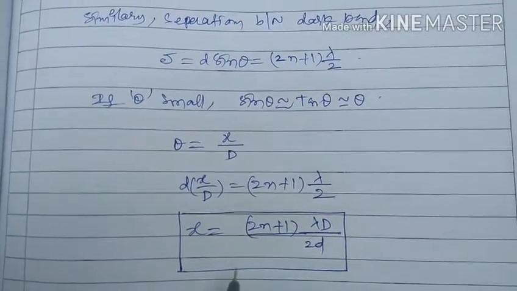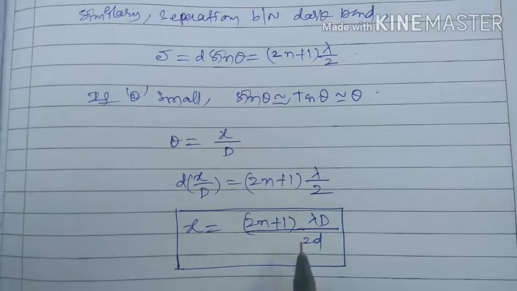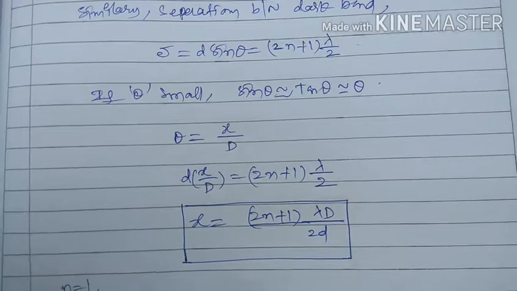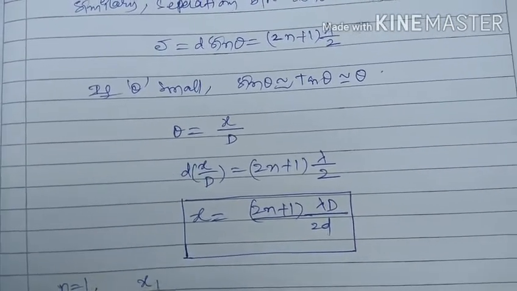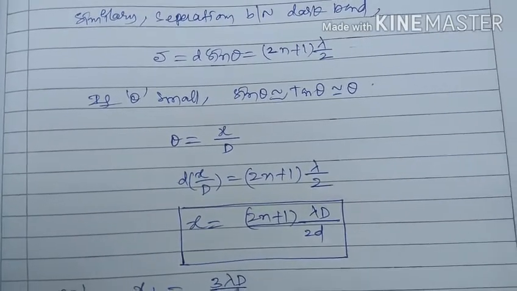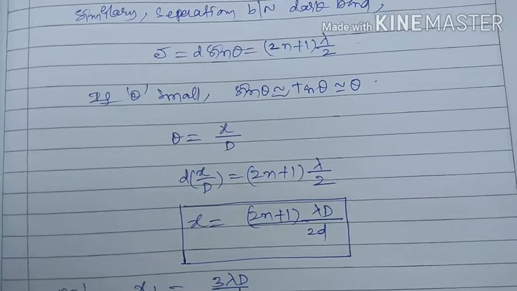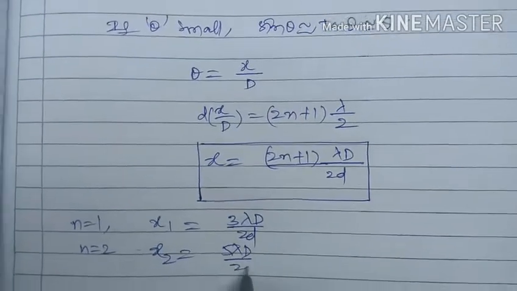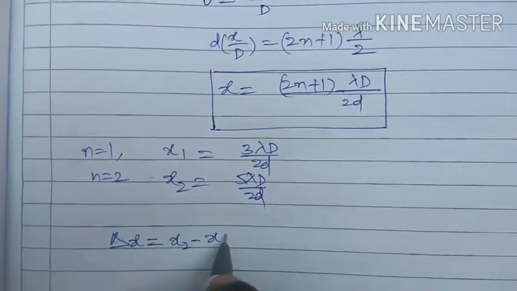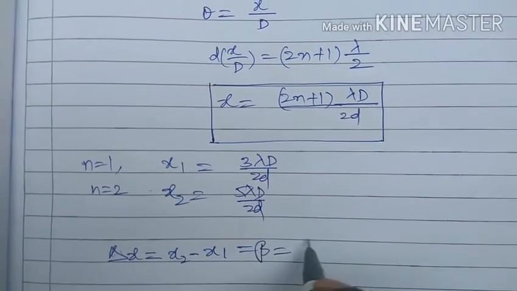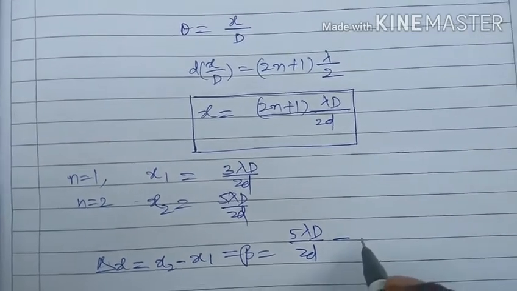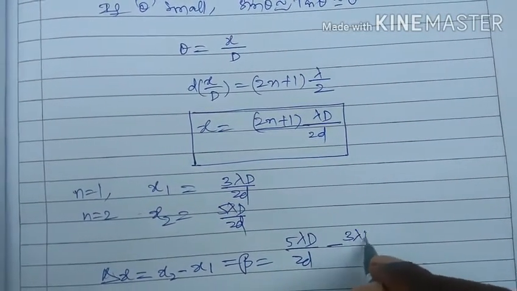So here we have to find out the two dark bands where n is equal to 1 and n is equal to 2. If n is equal to 1, then x1 we can write as 3 lambda D by 2d. If n is equal to 2, x2 is equal to 5 lambda D by 2d. Therefore the bandwidth delta x is equal to x2 minus x1, which is equal to beta, equal to 5 lambda D by 2d minus 3 lambda D by 2d.